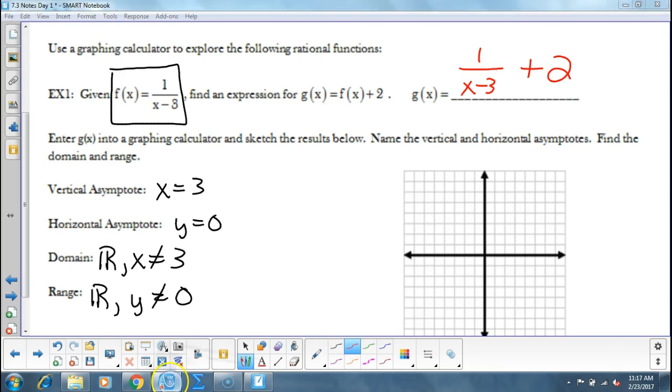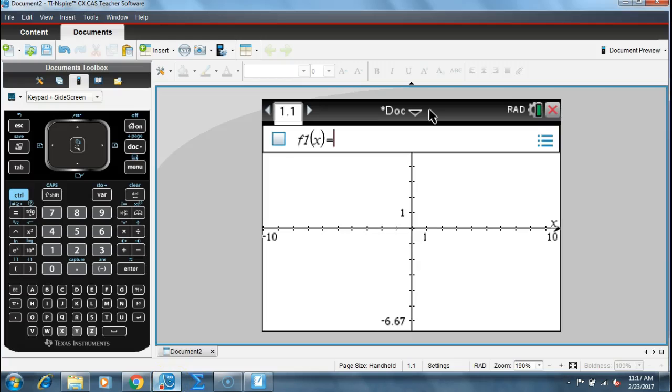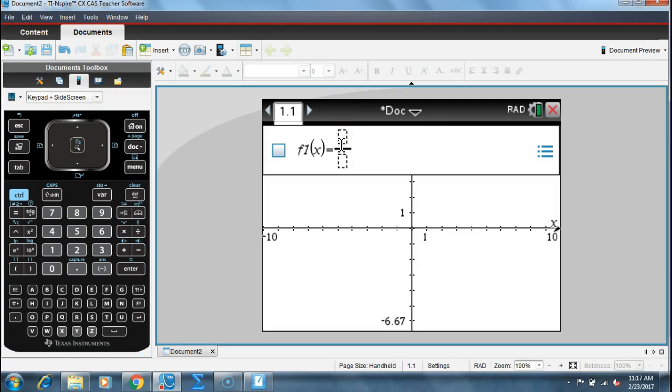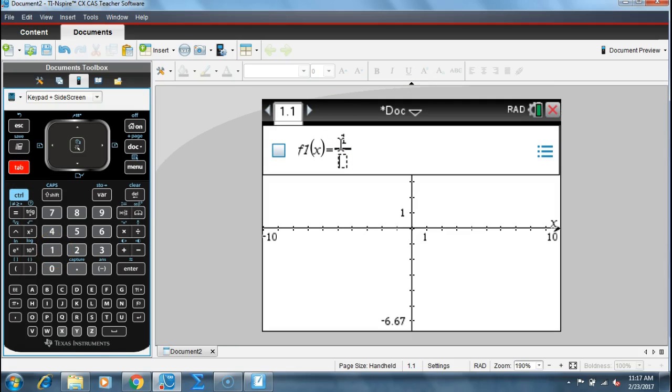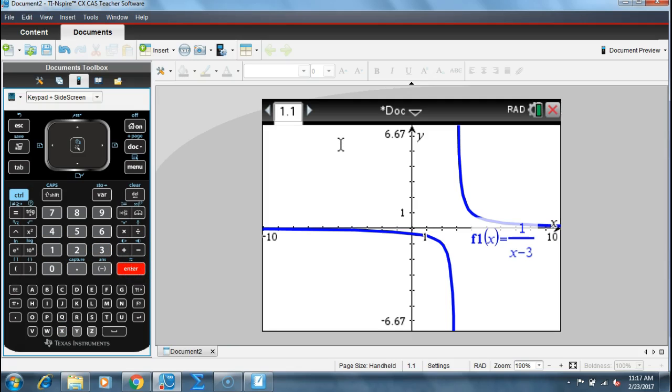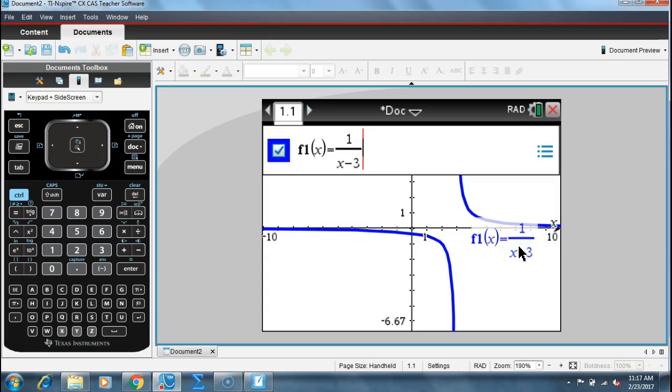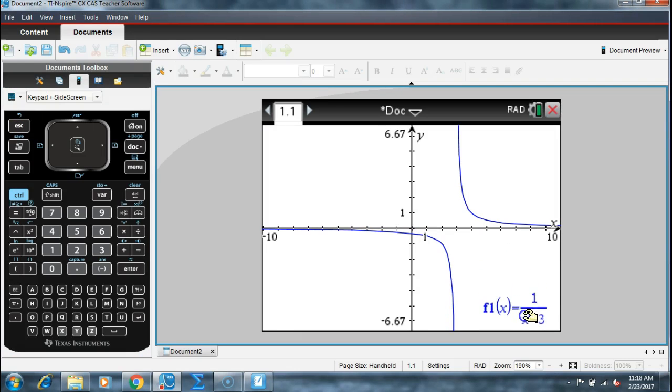Here, let me show you what that graph looks like again. 1 over x minus 3. Okay, so there's that graph. What are we going to do if I add 2 to every output of that?